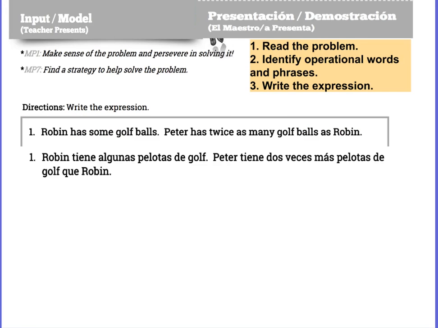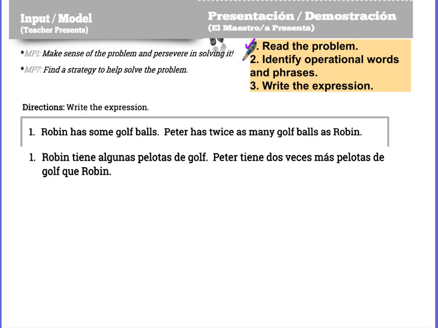So now, input model. And if you have your book in front of you, pencils down. If you're just using a notebook, pencils down. Either way, pencils down. And I'm going to write the expression. Well, I first need to read the problem. Robin has some golf balls. Peter has twice as many golf balls as Robin.